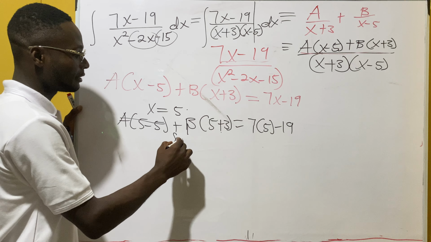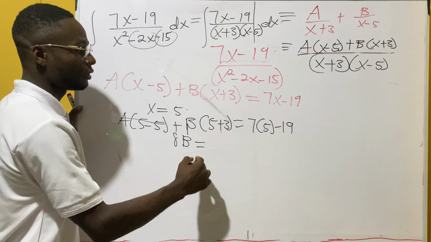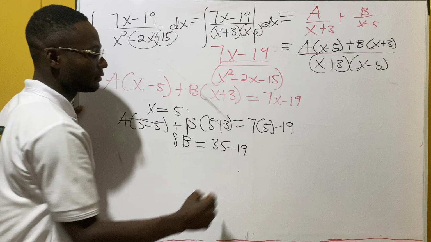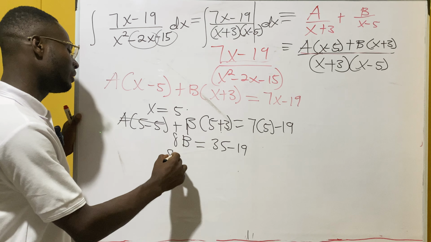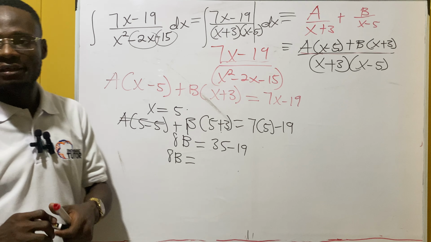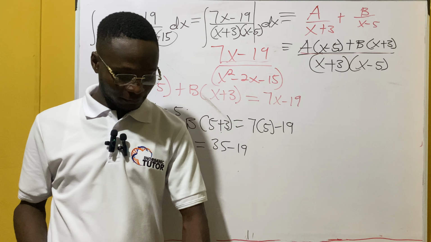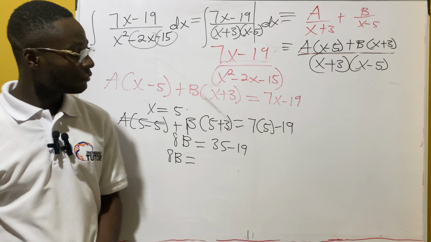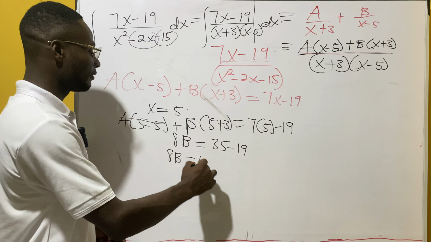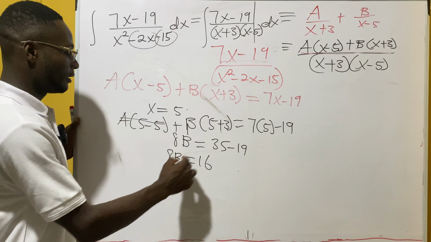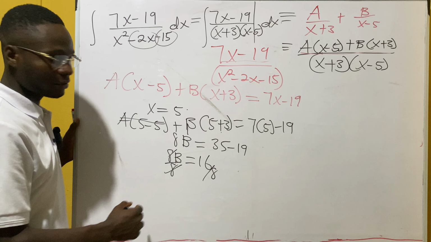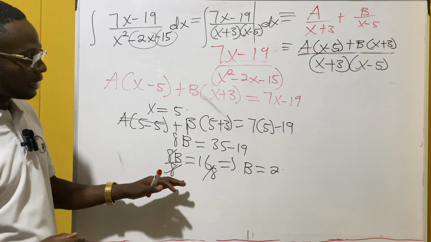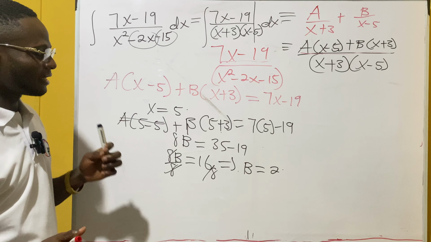This will have 8B should be equal to 35 minus 19. That is 16, of course. So we have 16, 8, 8, so we have B equals 2. Now we are done with B. We can go ahead and find the A as well.